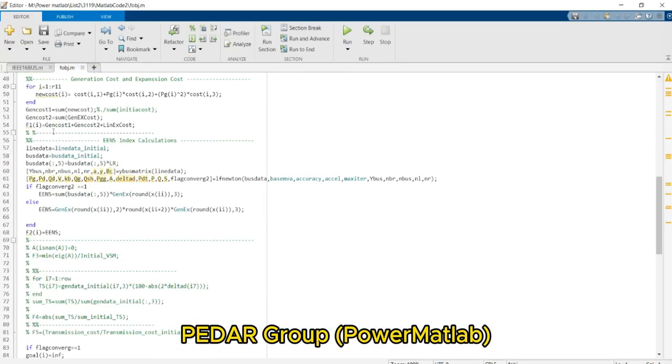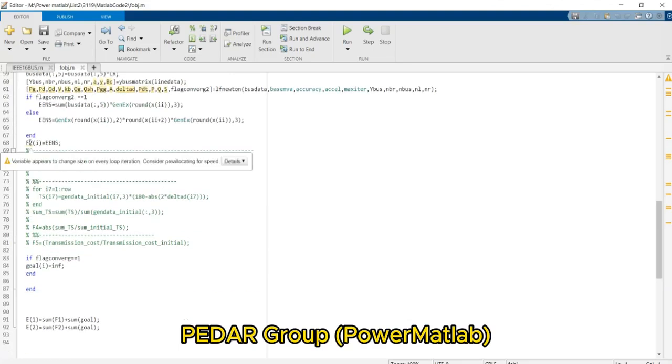this cost. For example, the first objective function considers generation cost and generation cost 2 and line cost for different types of the cost that is used for expansion planning, for old generation cost and new generation cost expansion. Also, you need to consider objective number 2 for the ENS index.